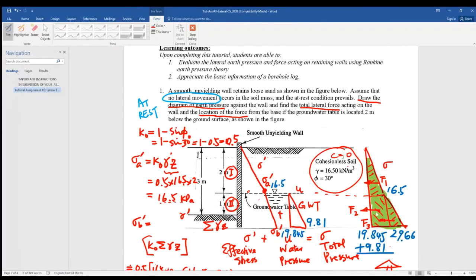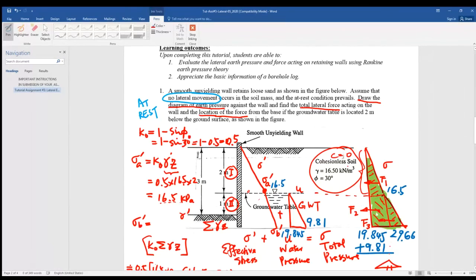So you got F1. Now you know the centroid where the F1 will be acting is equal to 1/3, right, of this height, right? So you got the position of the F1, and also the F2 is at the center of the rectangle, right?